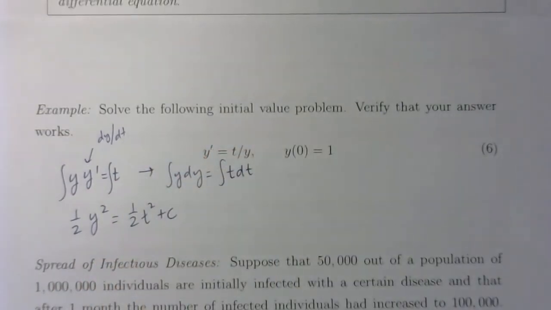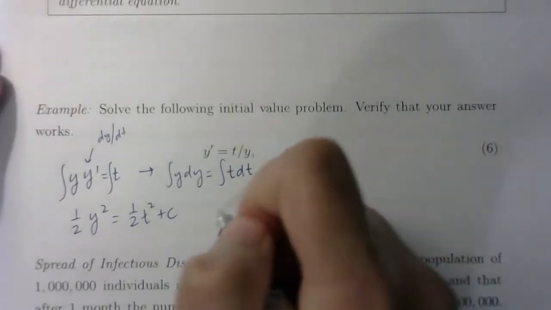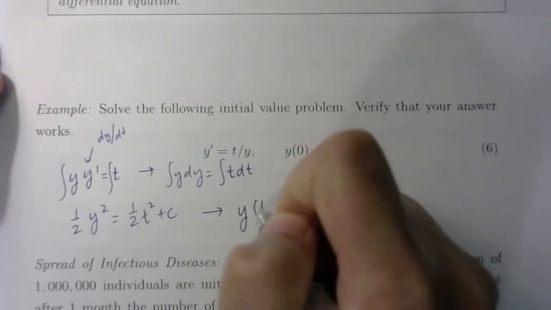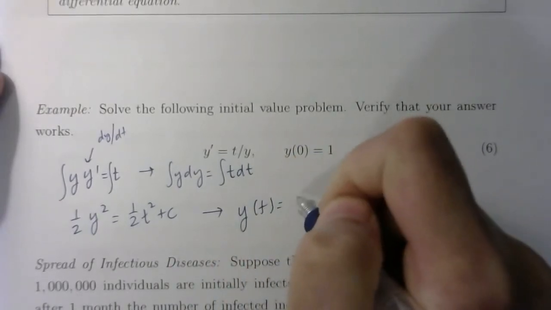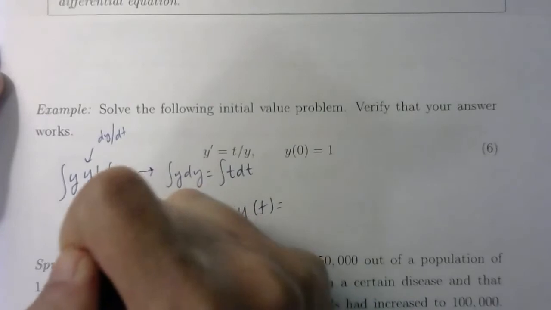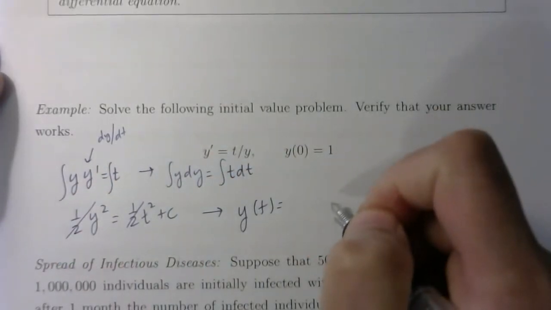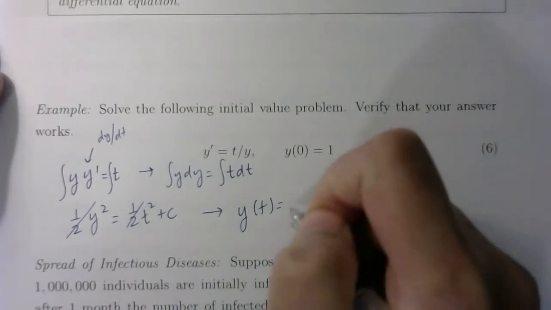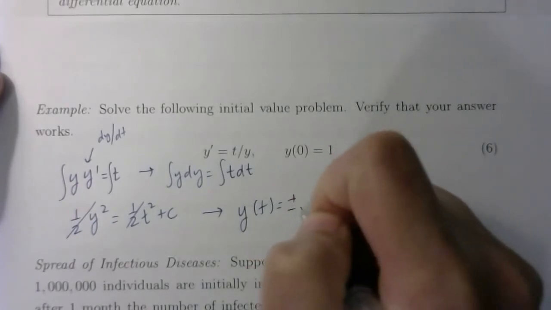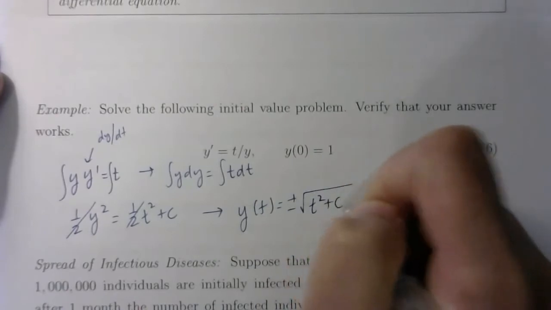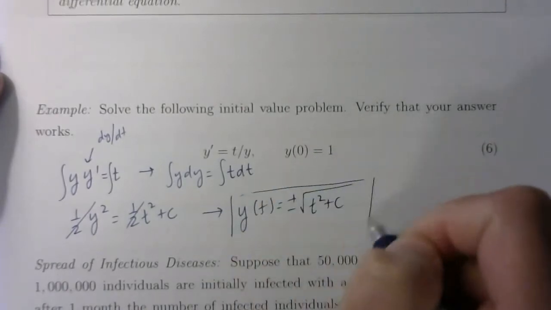We can just combine our integration constants here. This one we actually can solve explicitly for y, right? This is y of t is, let's get rid of the halves, and c is a constant. Doesn't matter if it's c or 2c, right? So we say that y is plus and minus the square root of t squared plus c.